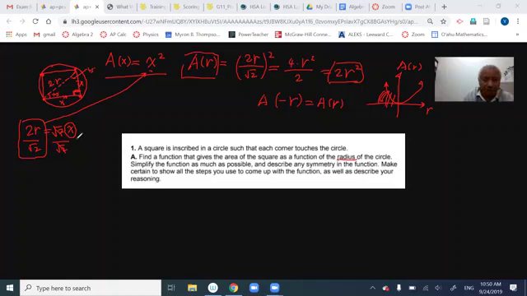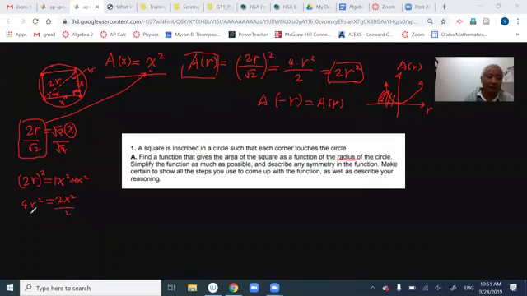Or, if you couldn't remember the 45, 45, 90 triangle, you still can do this question. Why? We can use the Pythagorean theorem. We can go like this: 2r squared, the hypotenuse squared, equals x squared plus x squared. So 1x squared plus 1x squared is 2x squared, equals 4r squared.